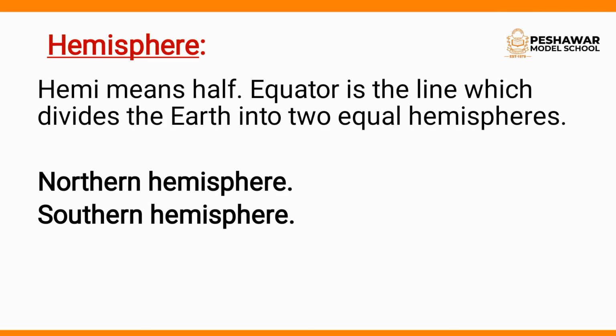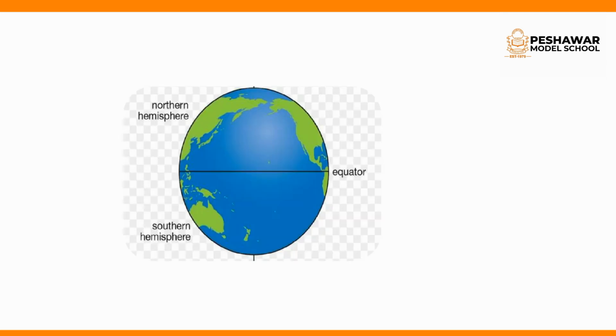Hemisphere. Hemi means half. The equator is the line which divides the earth into two equal hemispheres, the northern hemisphere and the southern hemisphere. If you look at this diagram, the black line shows the equator. Here the word hemisphere means half circle.